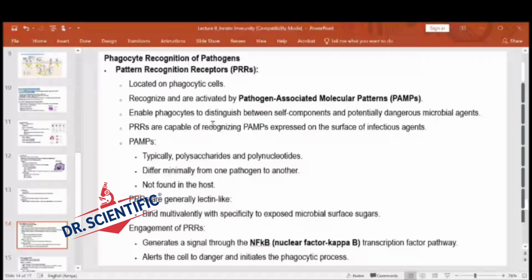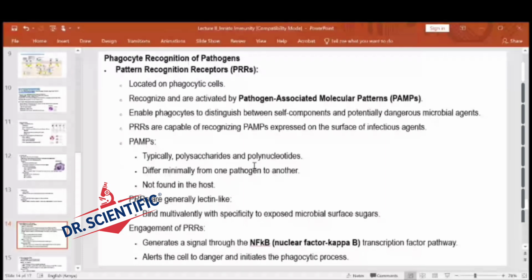But these PAMPs are typically polysaccharides or polynucleotides, and they differ between pathogens. One pathogen might have a polysaccharide, for instance bacteria would have either peptidoglycan or a lipopolysaccharide.